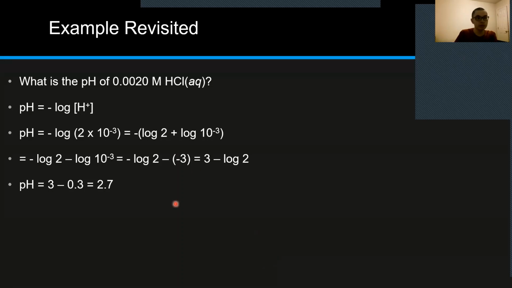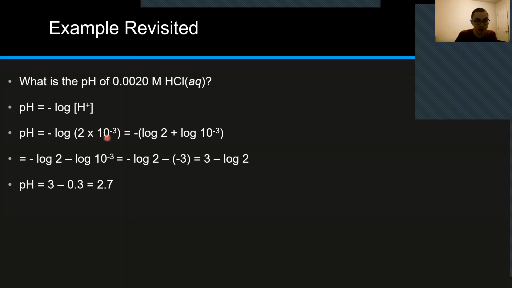All right. So let's revisit this example. So now that we know what log of 2 is, and we know something about the logarithm laws, this one is actually a fairly easy question. We know that 0.002, we moved the decimal over 3 times, so we can rewrite that in scientific notation as 2 times 10 to the negative 3.